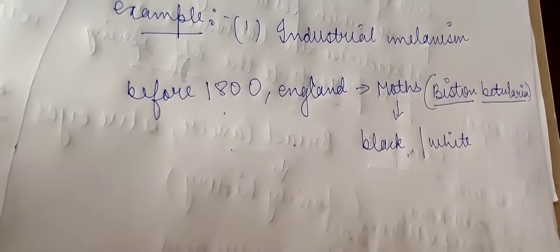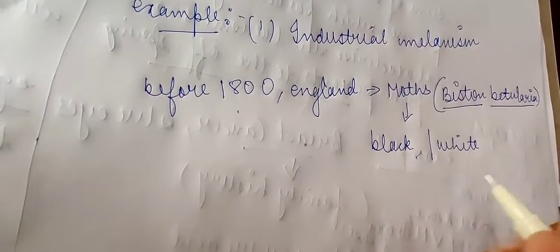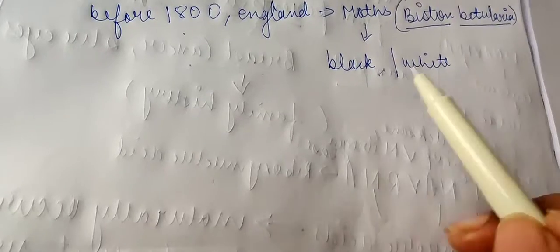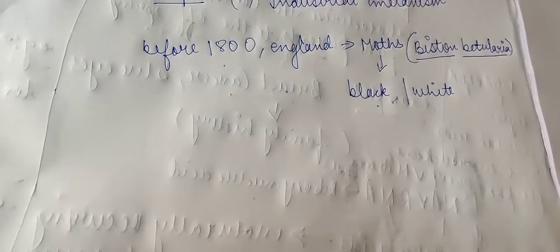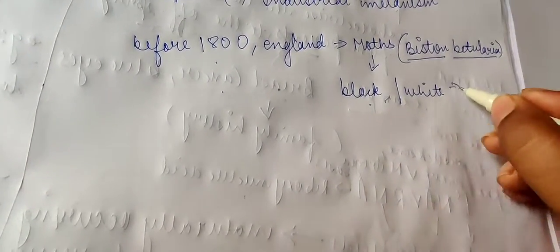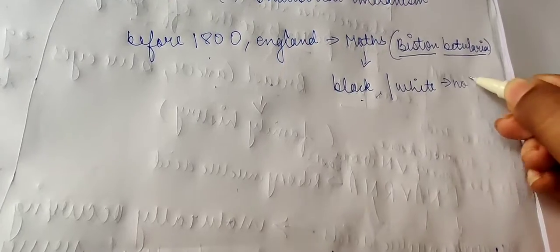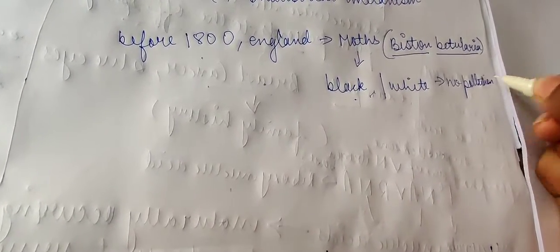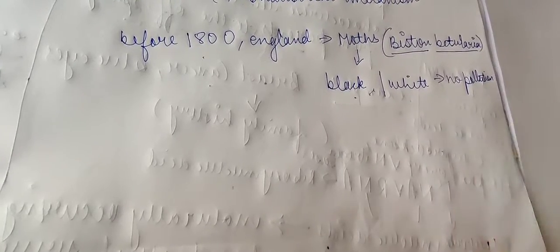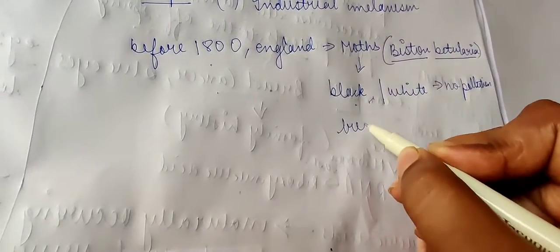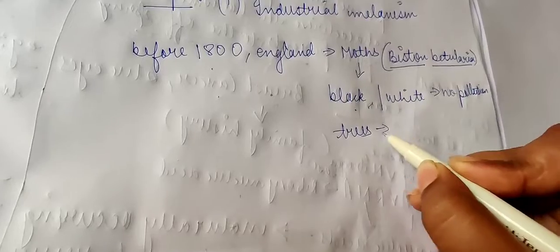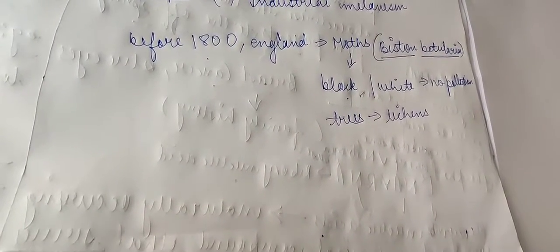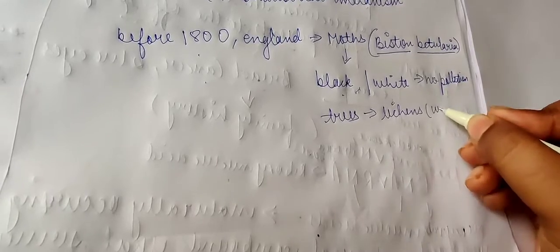These moths used to live on the lichen trees. There was no pollution because there were no industries. On the trees there were lichens, and they were white in color.